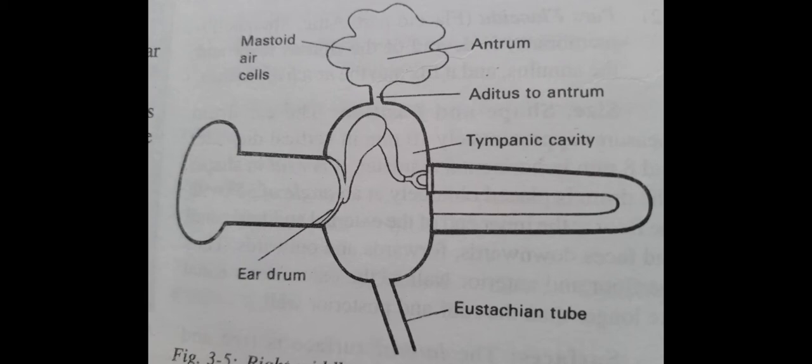The tympanum lies between the external ear and the inner ear, and it is shaped like a biconcave disc. The vertical and anteroposterior diameters are about 15 millimeters, while the transverse diameter is about 6 millimeters at its upper part, 2 millimeters at the center and 4 millimeters at the lower part.